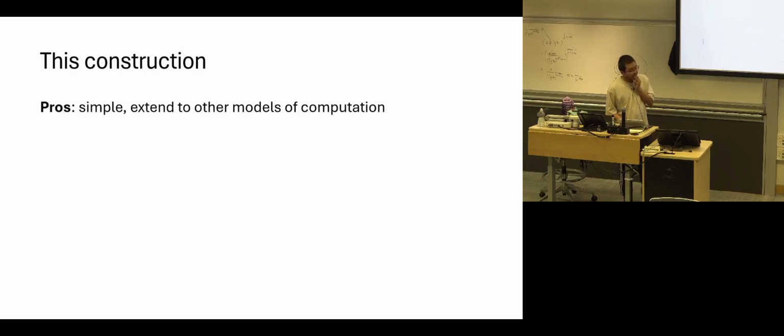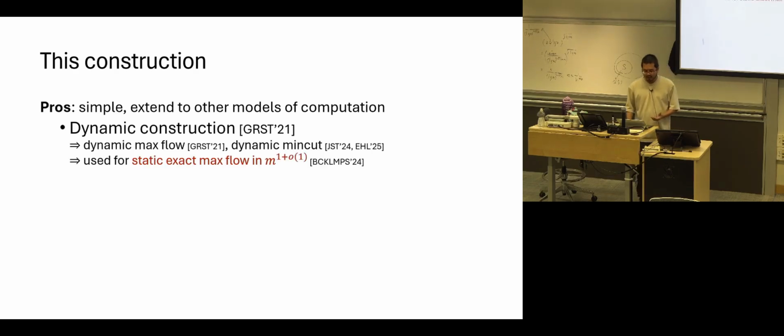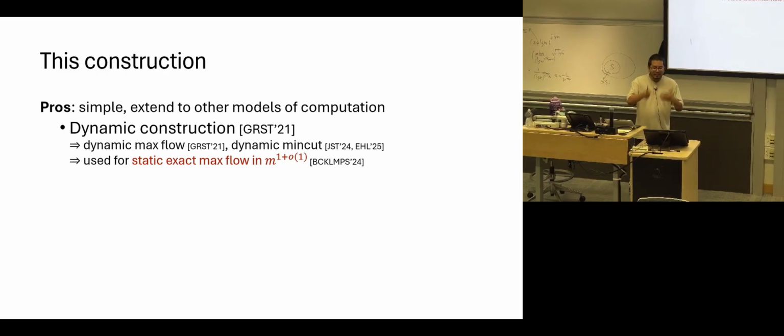The nice thing about this algorithm is that it's simple, and actually because of its simplicity, it has been implemented in other models of computation, like in the dynamic setting. My co-authors and I show that you can actually maintain this object in a dynamic graph, where you keep inserting and deleting edges.